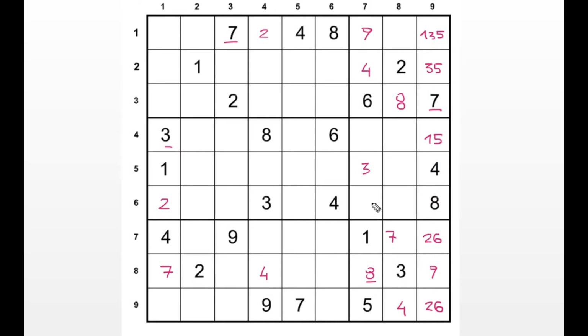And the two numbers for the column number 7 will be number 2 and number 7. Here is a number 2 and here must be number 7. And here finally will be number 2. Okay.